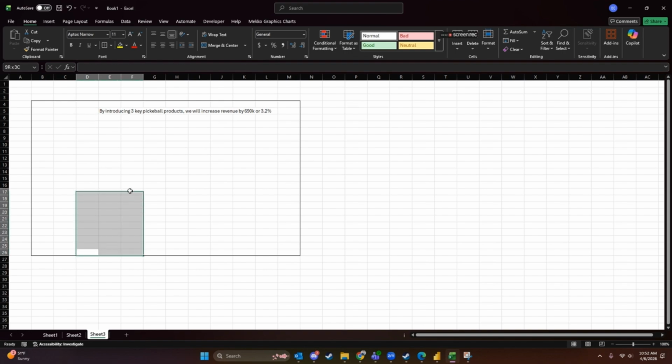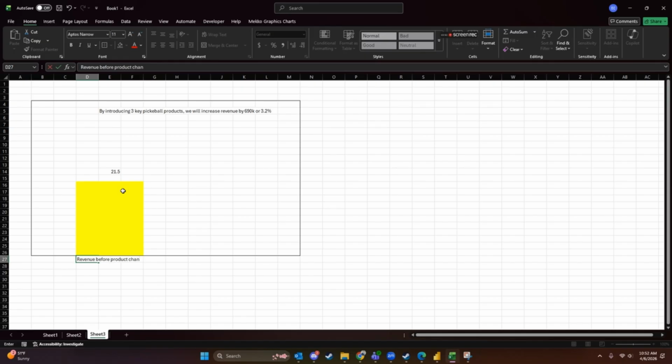And then a slide could just be, I guess, it's going to show 21.5 here. And down here it would say revenue before product change.